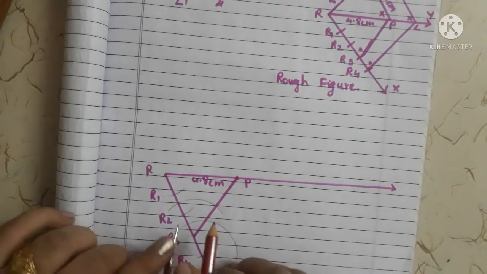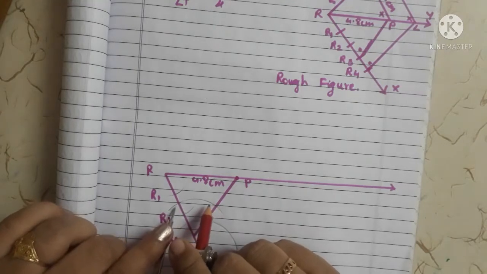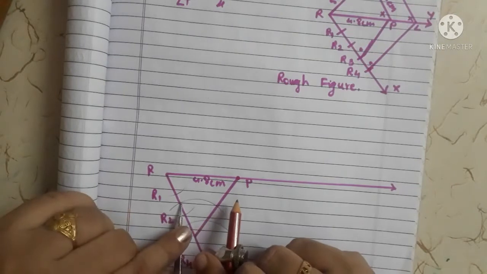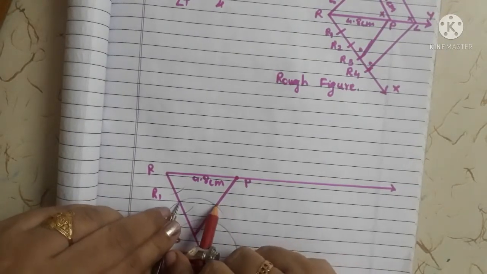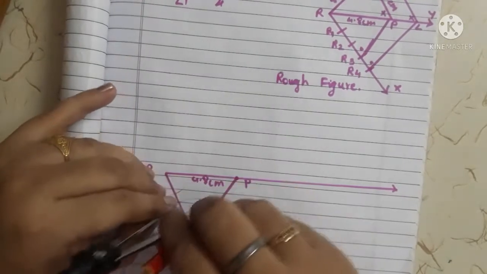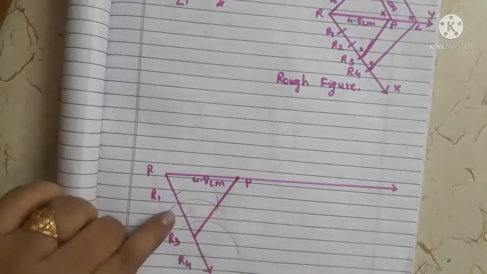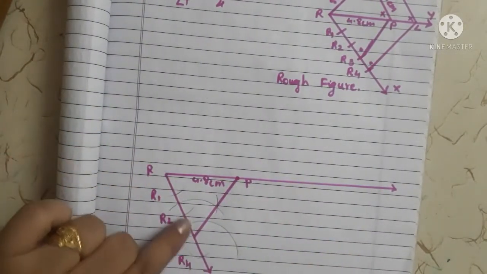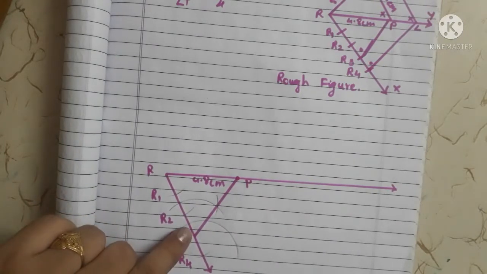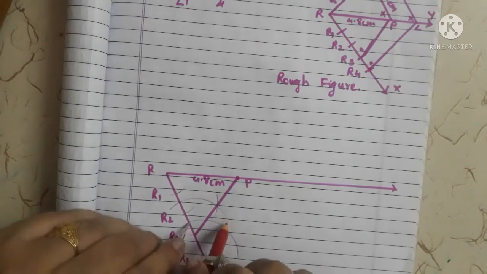Now I will take the distance between the 2 arms of the angle. Keep here and see what is the distance here. So this much is the distance. Just cut and check. Yes, this much is the distance. Now wherever it is touching this arm, when we draw from R4, I have got the arc here, so I will keep here and cut the arc.